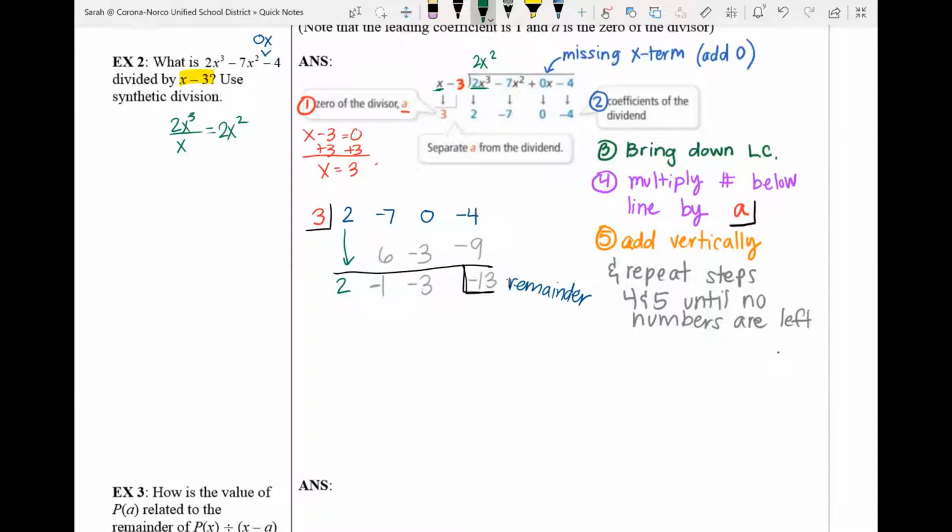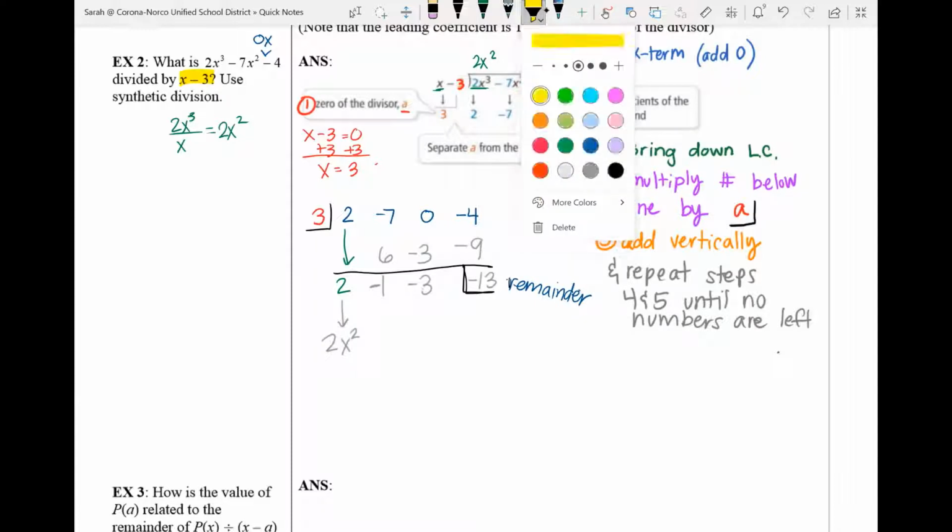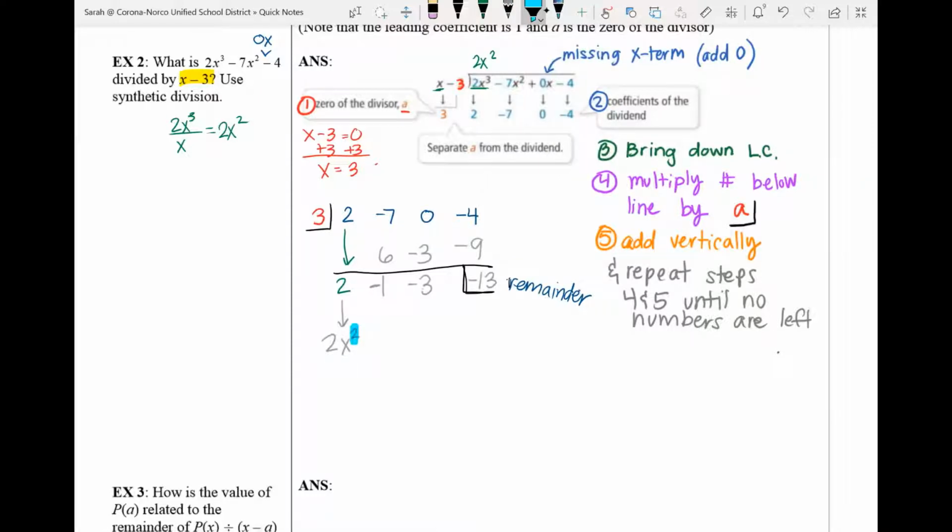And so this 2 represents the coefficient on that term. And so what that means is that this 2 is attached to the variable x squared. The way that we could know that each time is that this power here is always 1 less than that power there. Okay, so the degree, I'm going to write us a little note here.